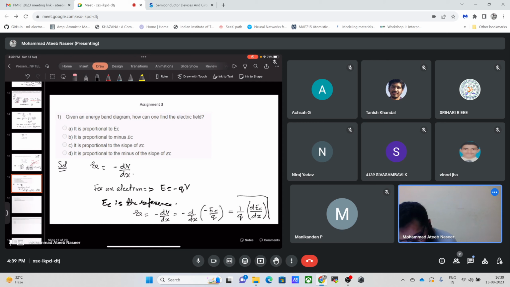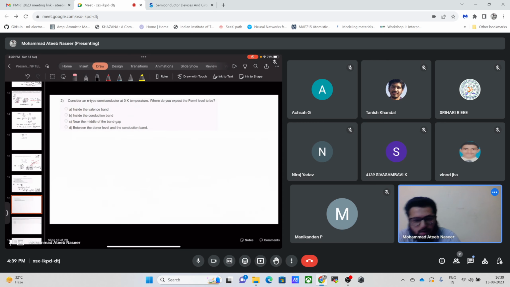So this gives us that the electric field is proportional to the slope of the conduction band edge. So this was one simple way to look into the electric field.